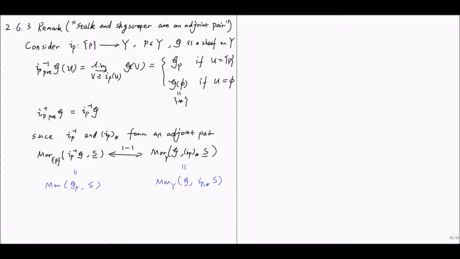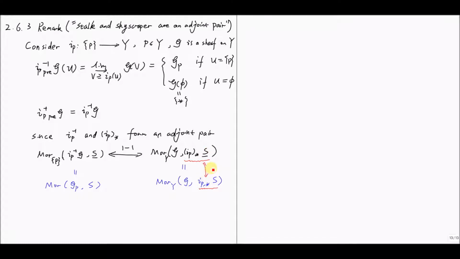This is because the push forward of a constant sheaf can always be identified with the skyscraper sheaf with respect to the set defining this constant sheaf.